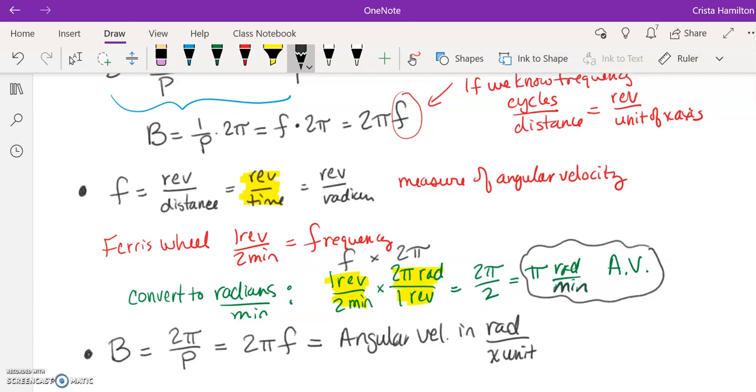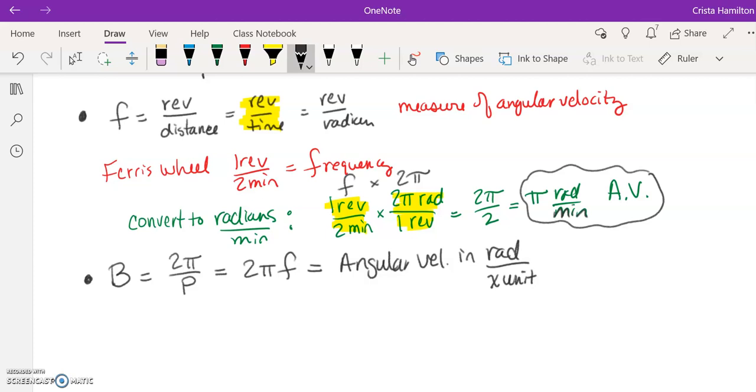So notice that this tells us that the coefficient in the transformation f of x equals a sine of bx plus d, that coefficient b is exactly the angular velocity of an application problem in radians per whatever your time unit is for the x.